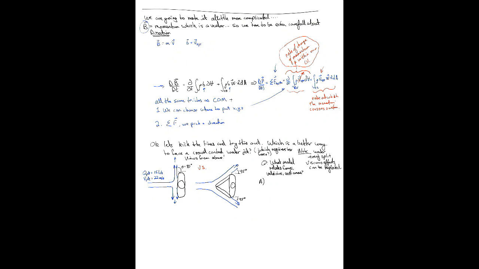Okay, so what model relates forces, velocities, and areas? Well, we only have one that relates forces at all, and that's conservation of linear momentum. So we're going to use conservation of linear momentum, and let's write it out.